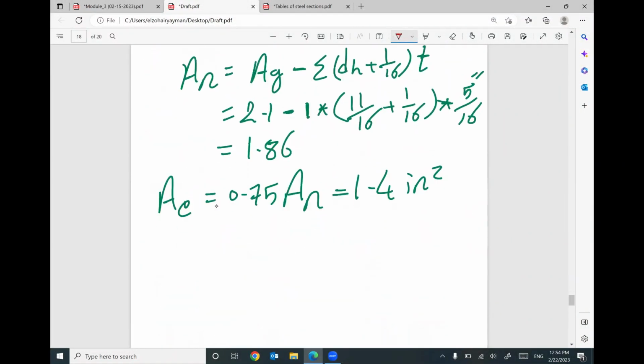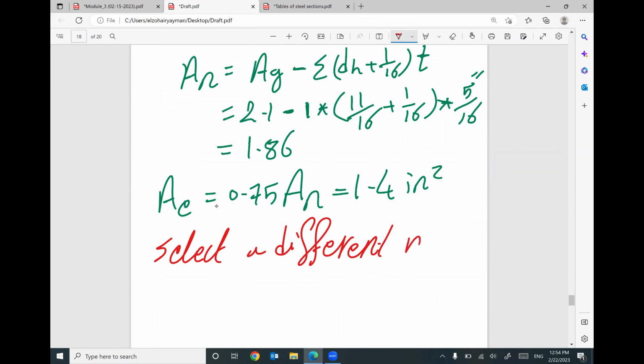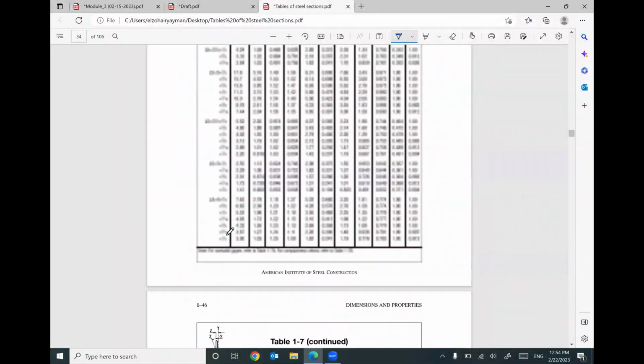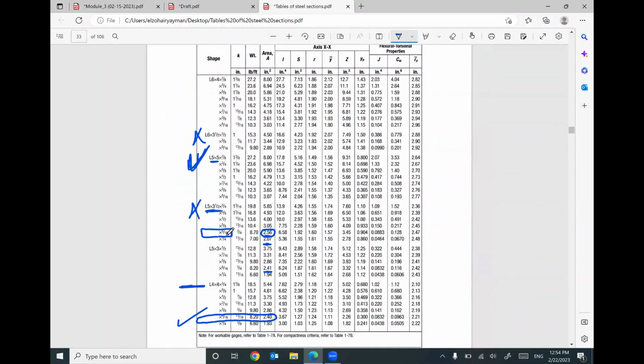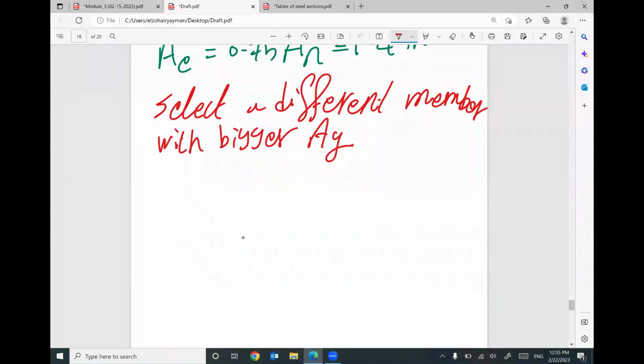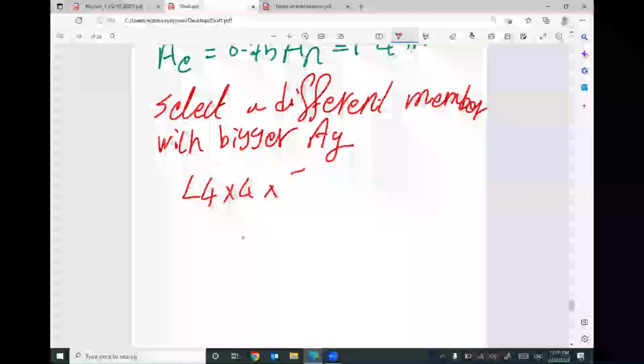What is the solution? Select a different member with bigger area gross. So we need to go back and probably we can select this one, 4 by 4 by 5/16, and try. So angle 4 by 4 by 5/16.